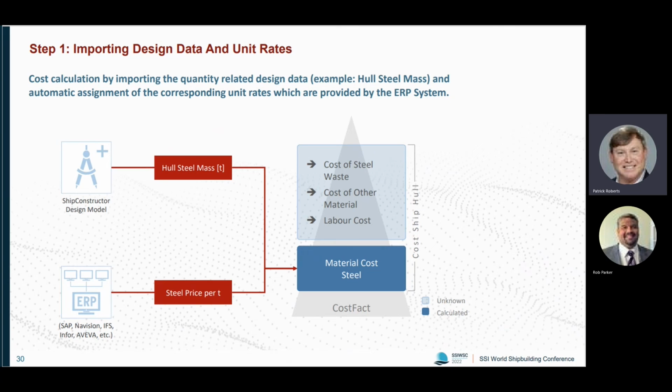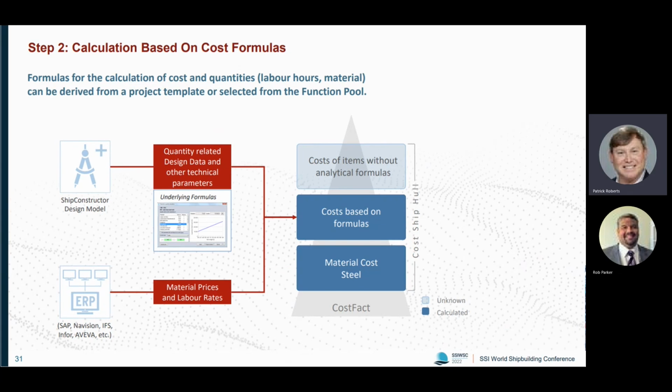Of course, this is only one part of the entire cost of the hull. So in the next step, I can apply these parameterization functions. For all these cost lines which are parameterized, we can calculate the resulting number of labor hours and the cost as well.